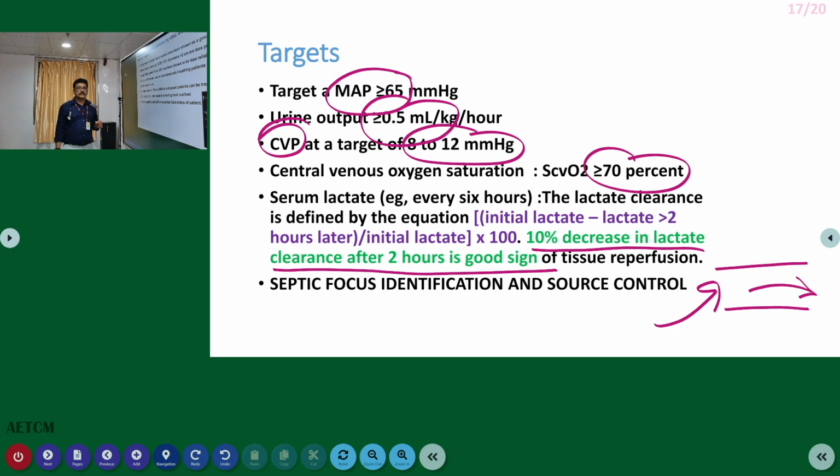Then you can add norepinephrine or vasopressin. That also improves the internal circulation. Once the patient has improved and the systolic BP is above 100 millimeter of mercury, then you can even add dobutamine. That produces central vasodilatation, so internal organs get very good circulation and oxygenation. That also relieves the lactic acidosis.